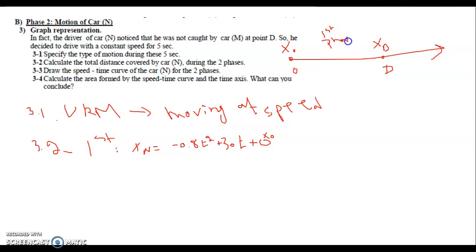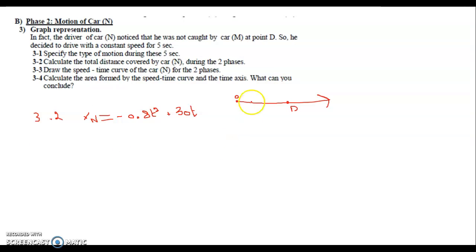This is the first phase. The duration of the first phase here was 10 seconds, because we already calculated in the previous part the instant at which N reaches D.